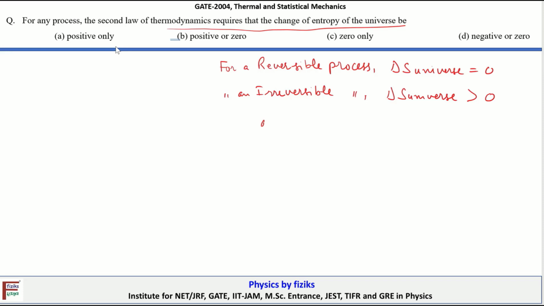So therefore the conclusion is that for any kind of process, delta S, the entropy change of the universe, is either going to be greater than 0 or equal to 0. So therefore option B is the correct one here. It could be either positive or it could be 0.